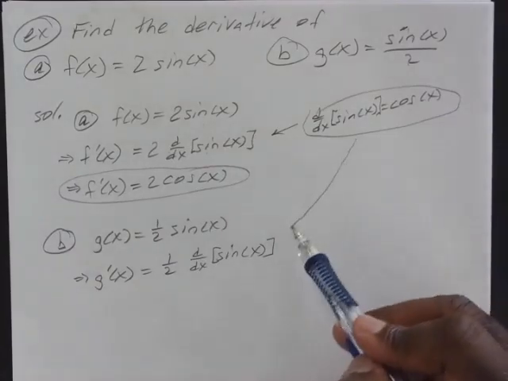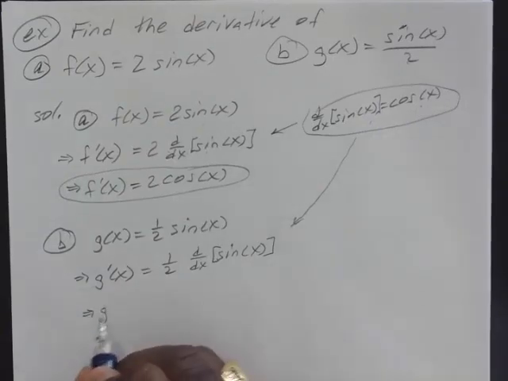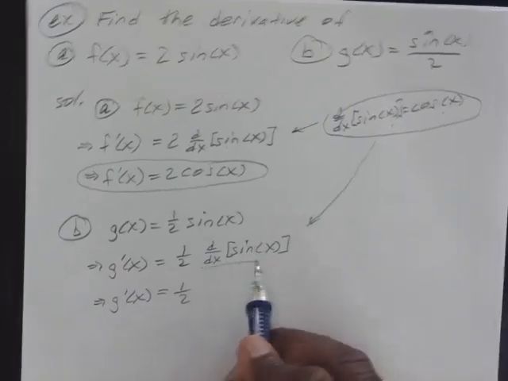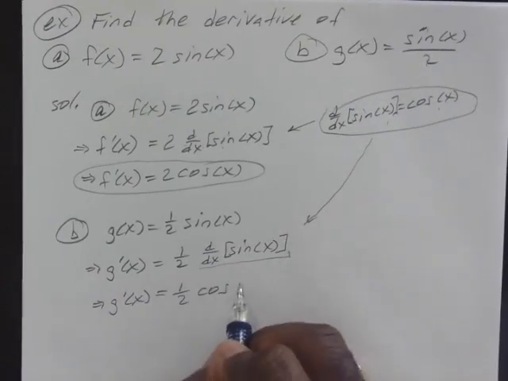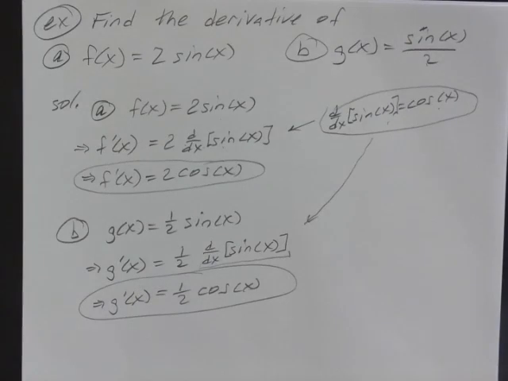Okay. So again, we know the derivative of sine of x is cosine of x. So we know our g prime of x is equal to 1/2, and that just turns into cosine of x. Right. Any questions on that one?